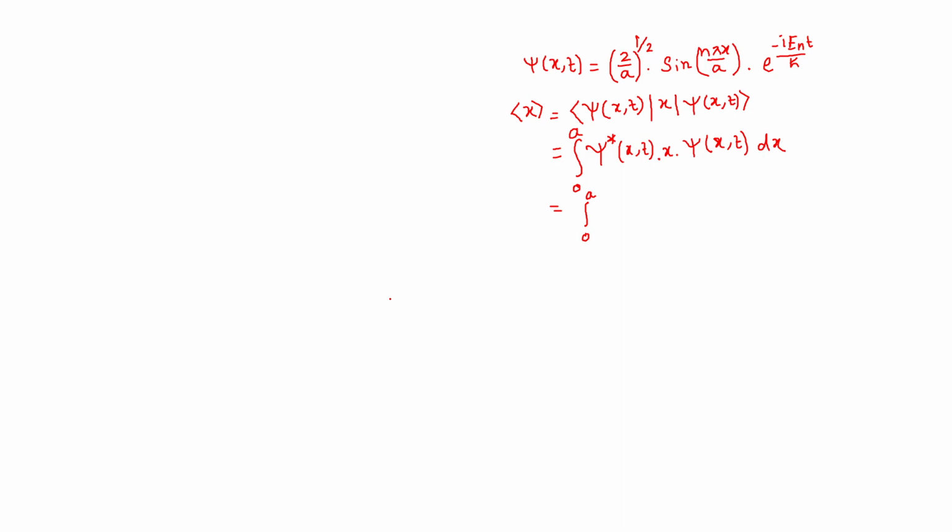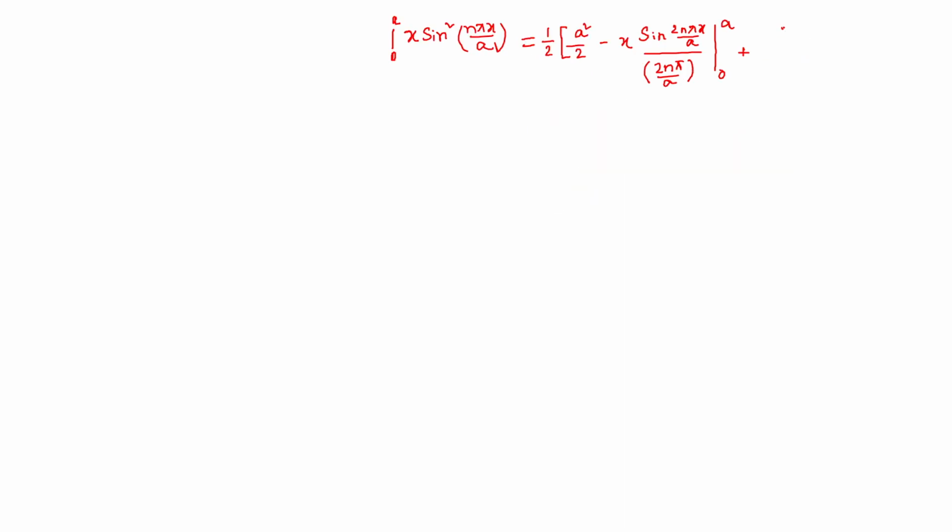So what we have got, I have to check that. Sorry. 1 by 2, there was a²/2 minus x sin(2nπx/a) divided by 2nπ/a, and this has a limit of 0 to a, then plus cos(2nπx/a), I should put it in a bracket just like the sine one, divided by 2nπ/a, and that is the whole square.